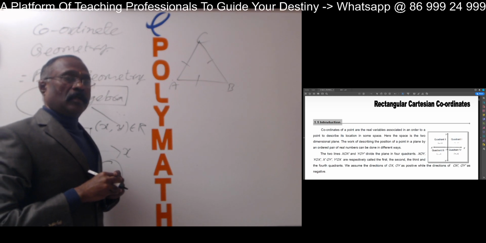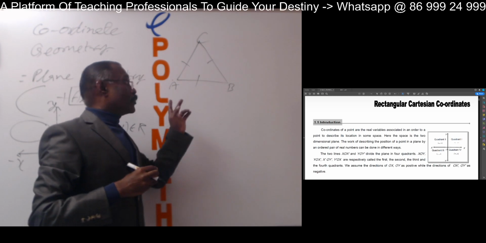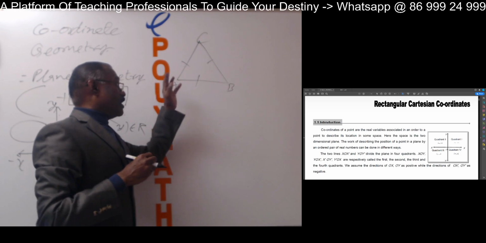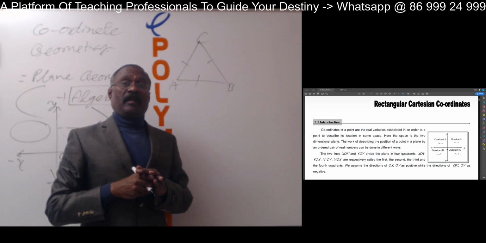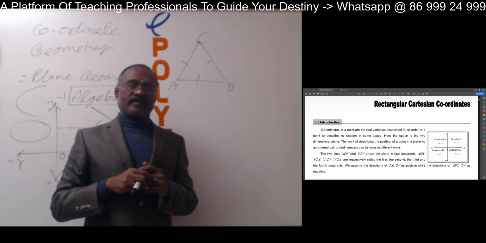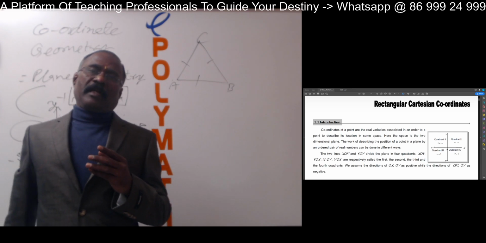If they are unequal, we call it a scalene triangle. If two sides are equal, we call it an isosceles triangle. If two sides are equal and one angle is a right angle, then we call it a right angle isosceles triangle. What is the condition for a right angle triangle?